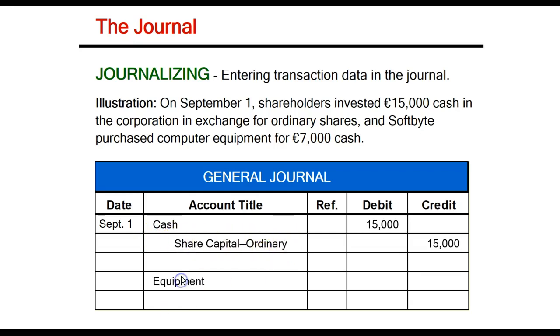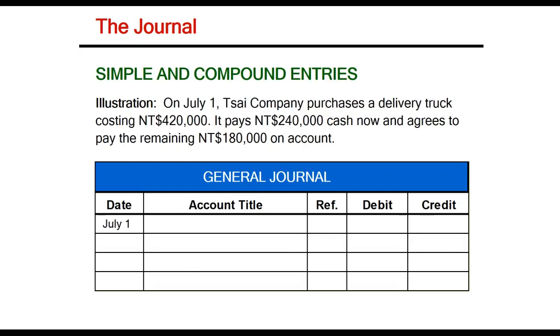The second transaction on the same date, I bought equipment. So equipment goes up. An increase in an asset account is a debit. And I paid cash for it. So a decrease in an asset account is a credit. And that's how we journalize. On January 1st, purchased a delivery truck.